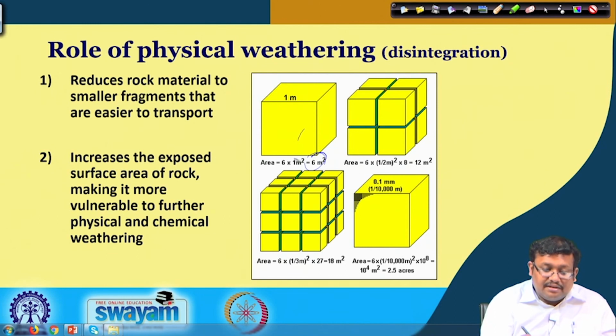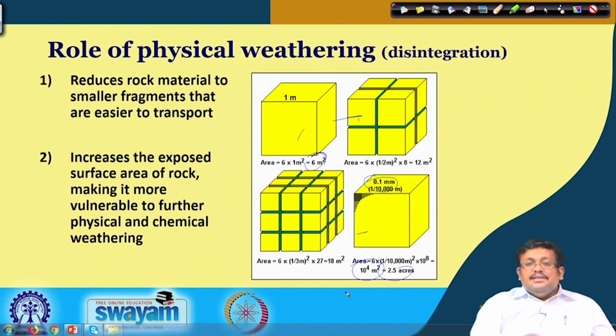If this is a parent rock from which soil is formed, physical disintegration further decreases the size of the rocks, and ultimately it will reduce to very small fragments. For example, in this case there is another cube with the size of 0.1 millimeter. Now, as you can see here, the total area goes to 10,000 square meters. That is equivalent to 2.5 acres or 1 hectare of land.